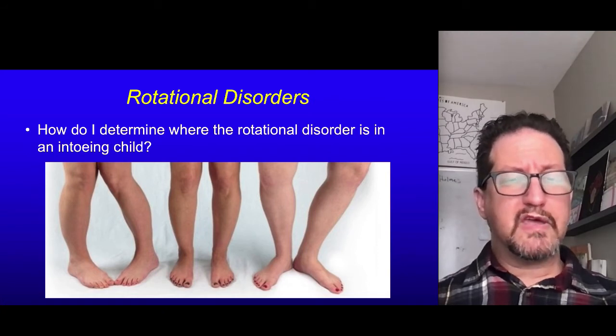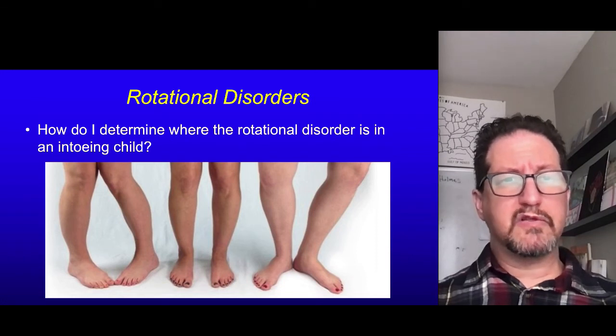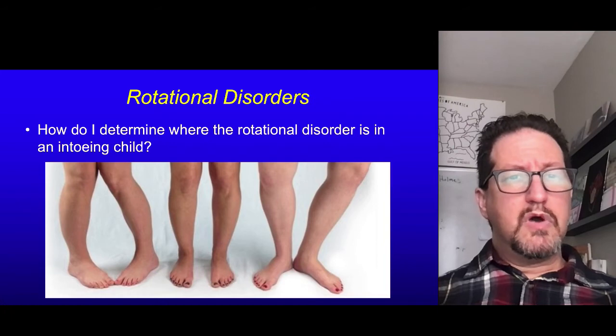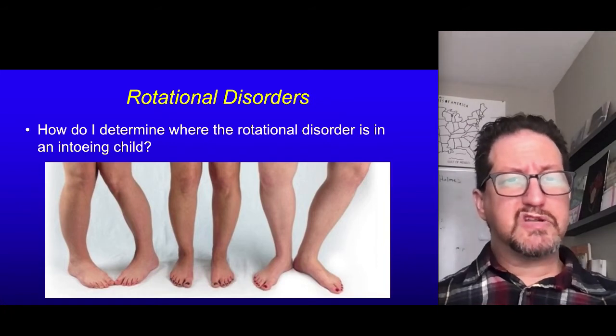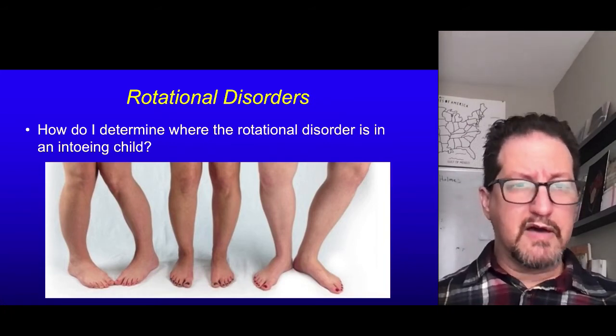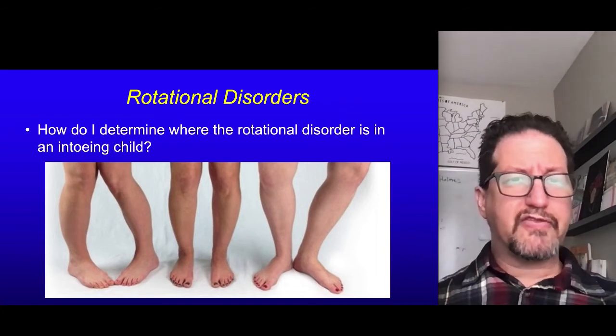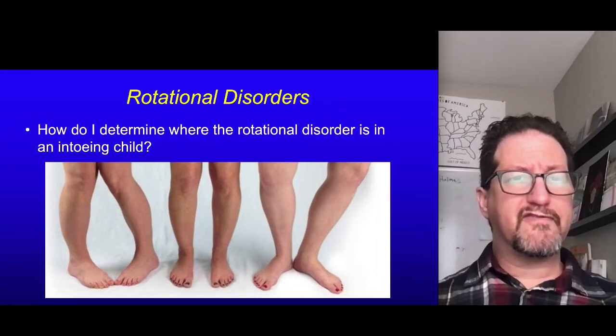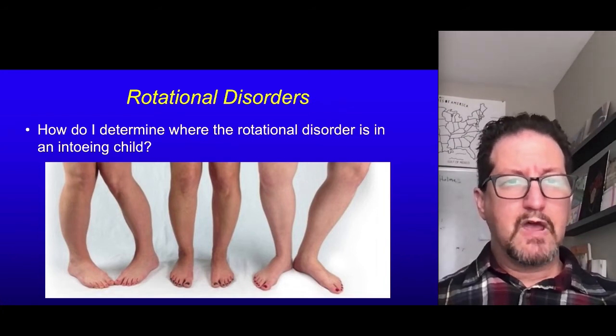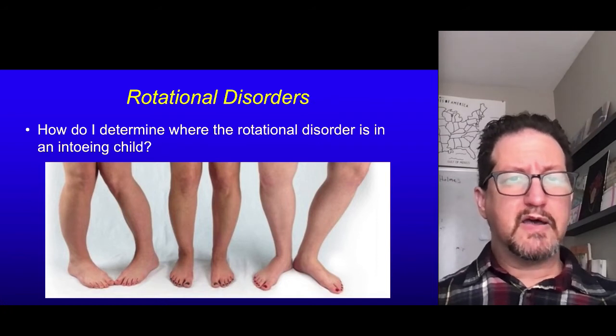If you look at the pair of lower extremities on the left side of the image now, this person has rotation at two different levels. Now let's look first at the right lower extremity, which is the furthest left image. You can see that the patella is straight.